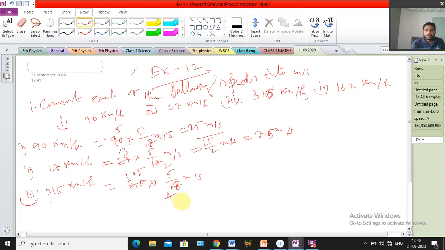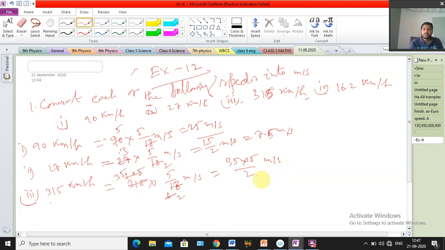Again this one is divisible by 3: 3 twos are 6, and this is also divisible by 3, so 3 threes are 9, 3 times 35 is 105. So we are getting 35 into 5 by 2.